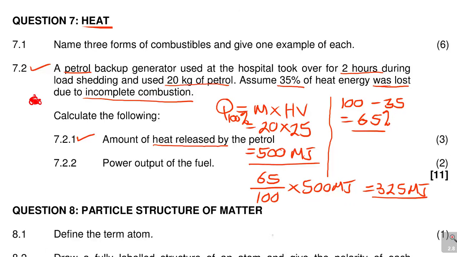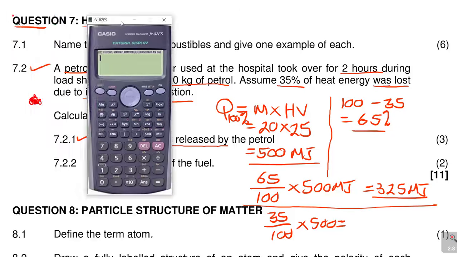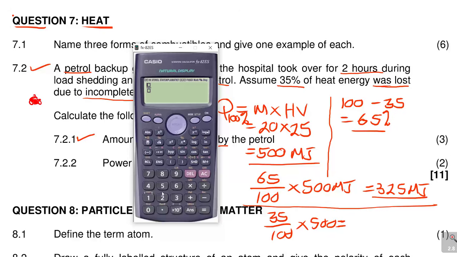Or what you can do, you can find 35%, which is 35 over 100 times 500, and I'm getting 175.